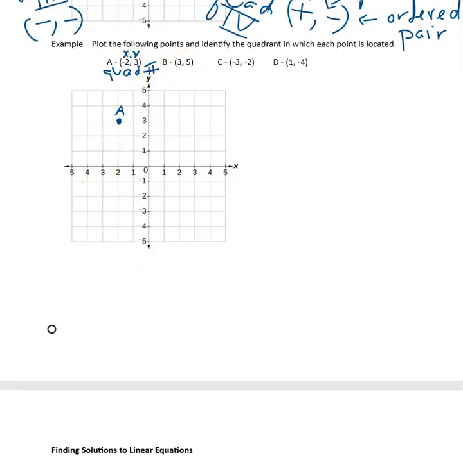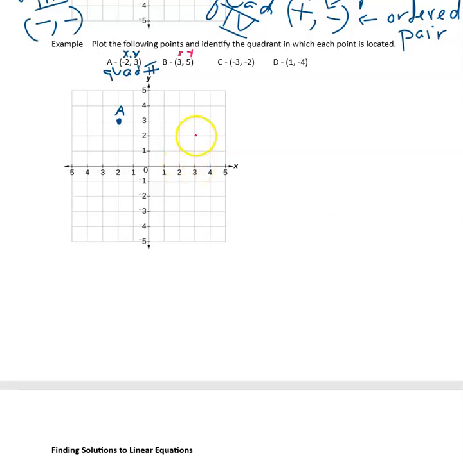So now let's look at point B. Point B has an x value of 3 and a y value of 5. So again, I'm going to start at the origin. I'm going to go positive 3 on x, which is 3 to the right.